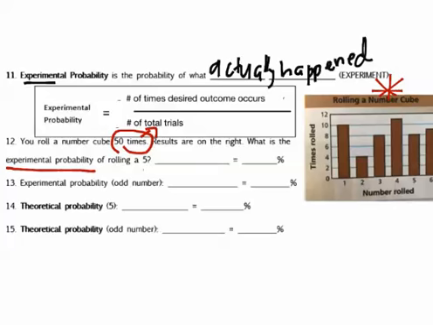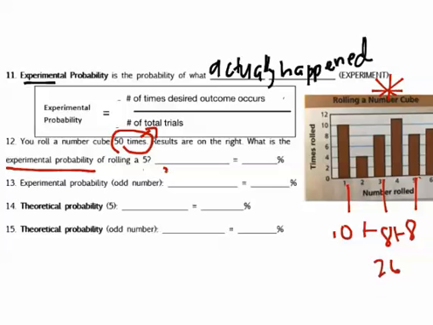This time it says experimental probability of an odd number. So we know we have 1, 3, and 5 are our odd numbers on the dice. We rolled a 1 10 times. We rolled a 3 8 times. And we rolled a 5 8 times. So you're going to add up the 3: 10 plus 8 plus 8, and that would be 26.